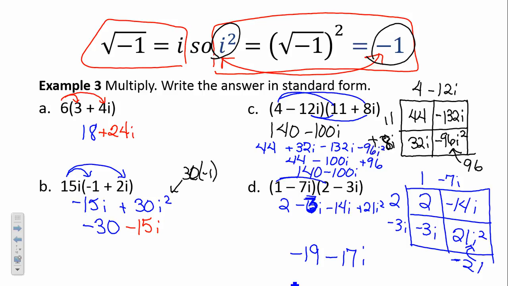Okay. So then when we combine our like terms, I'm going to have a negative 17i again. This is going to be a negative 21 and a positive 2, negative 19. So you may have seen it either way depending on how your algebra teacher taught it. And if you like one method over the other, even though it wasn't what you used in the past, you're welcome to use the other.